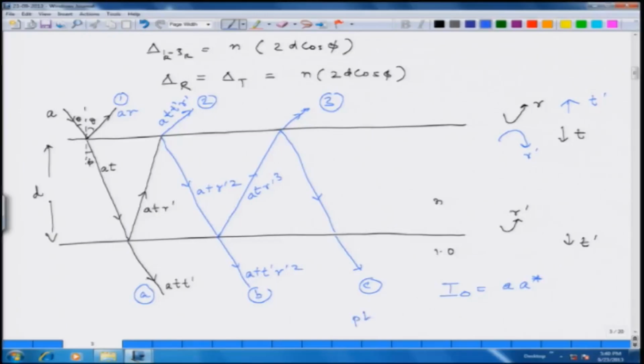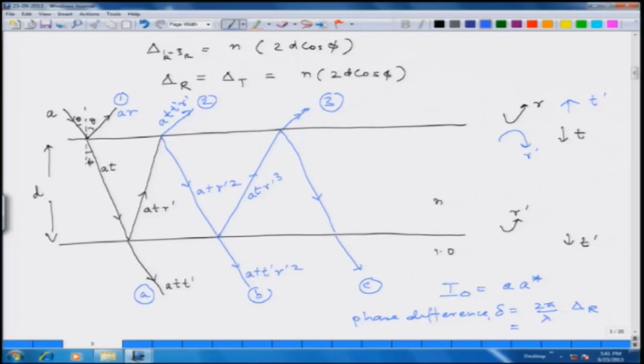And phase difference we have already calculated between consecutive rays is going to be 2 pi by lambda times the delta that we have calculated for r or for t. It is going to be the same value, which is n 2 d cos phi.